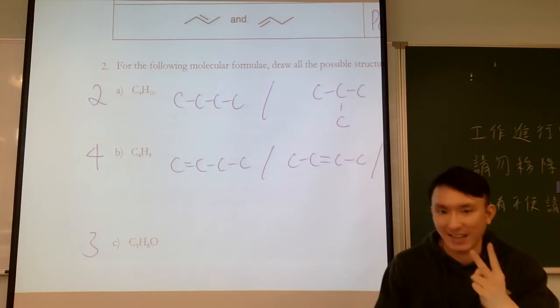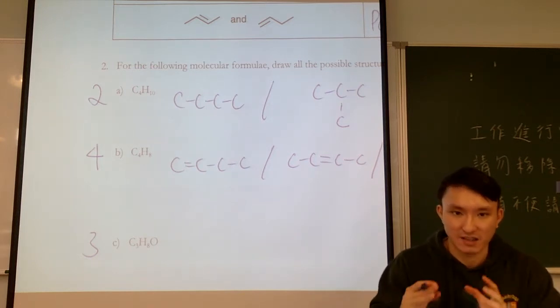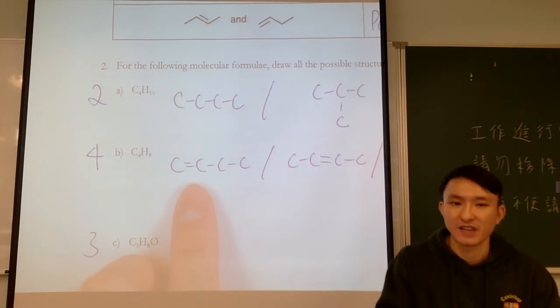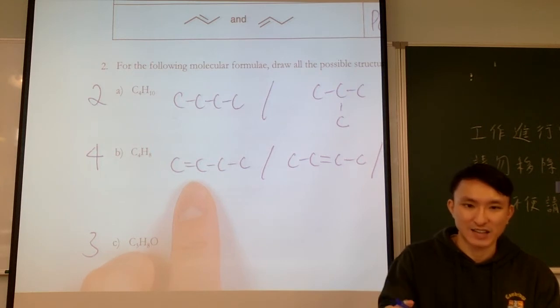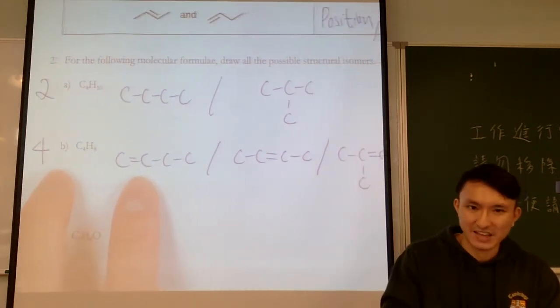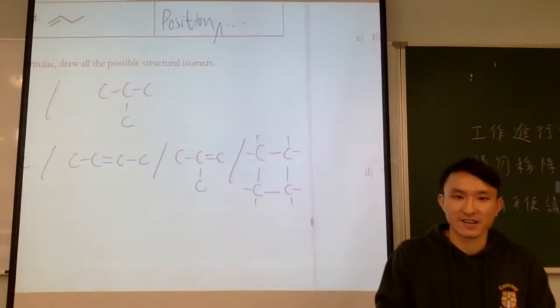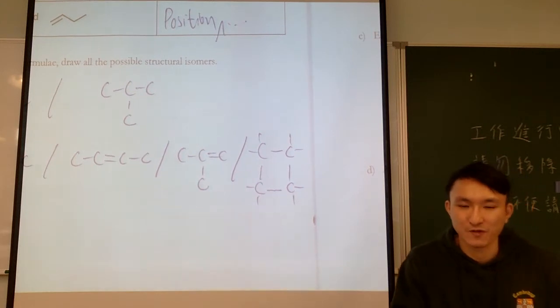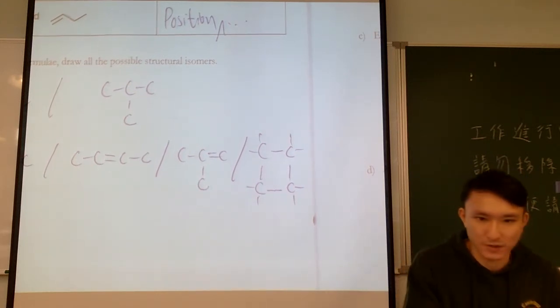Because 2 hydrogen atoms must be sacrificed in order to form a CC double bond. But not only does sacrificing 2 hydrogen atoms form a CC double bond, it can also be used to form a ring, okay? To form a ring. So this one is the 4th possible isomer.